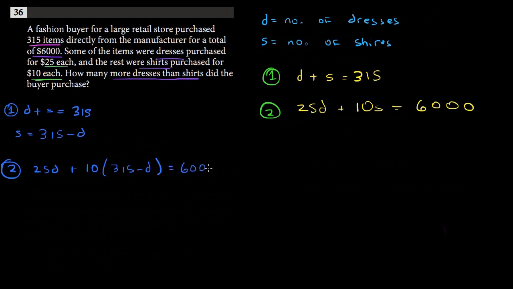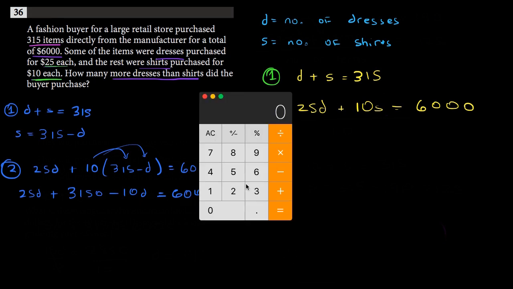So 25D plus 10, now I can plug that in, 315 minus D equals 6,000. Now just simplify, and so this foils, and it becomes 3,150 minus 10D equals 6,000. Simplifying terms, 25D minus 10D is 15D, and I can also take away 3,150 from both sides. 6,000 minus 3,150 is 2,850.